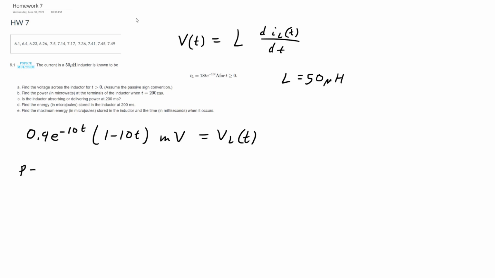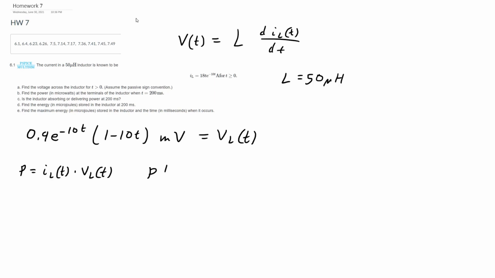So remember, we're just going to use P equals I times V, which we've been using this whole time. So we're just going to multiply our expression we found for the voltage with the current, and then plug in t equals 200 microseconds.